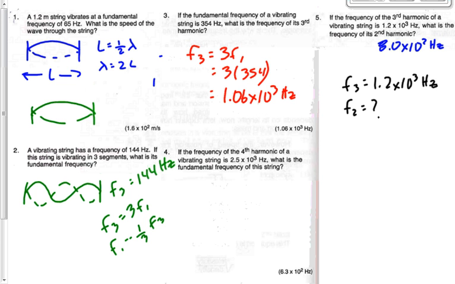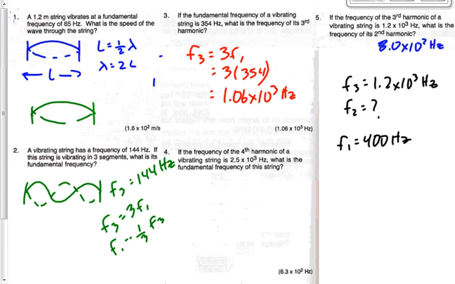Now, we can draw pictures of this, and we can see it through the analysis that we've done, or we can take a bit of a shortcut here and say, wait, if the third harmonic is 1.2 times 10 to the 3, then the first harmonic would be 400, right? The third harmonic is 3 times the first harmonic.